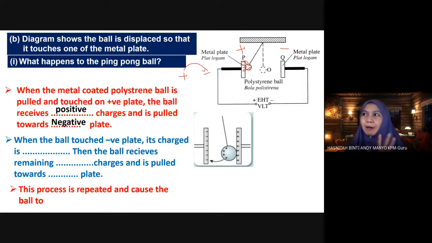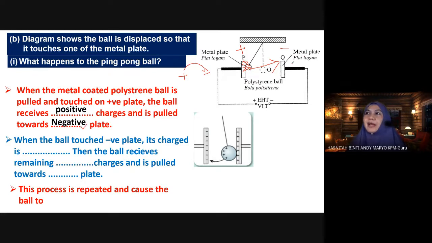Now what happens? Repulsive force occurs. Remember, repulsive force is acting, so it will be pushed to the other plate, or pulled towards the opposite plate. Now it reaches metal plate Q, which is the negative plate.